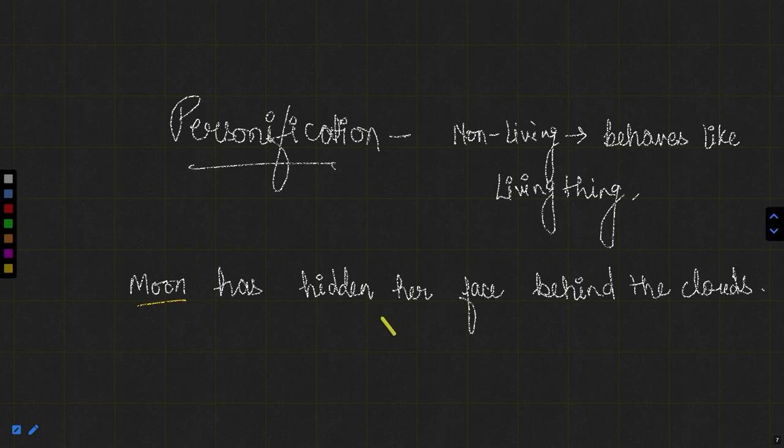So for moon I have used the word her because moon is always considered feminine gender. Always remember that moon is a feminine gender. If I say justice has proved her beauty, so justice has proved her.